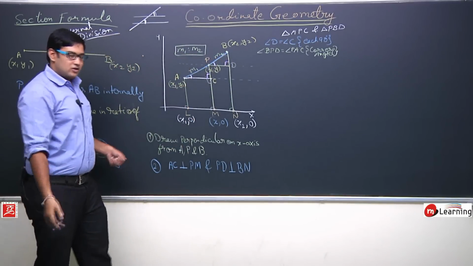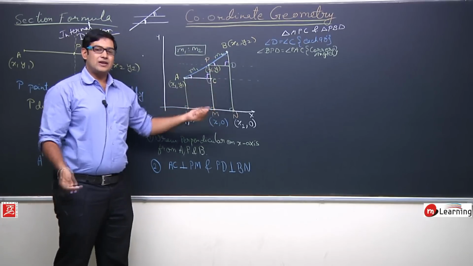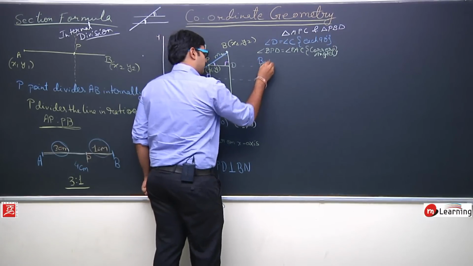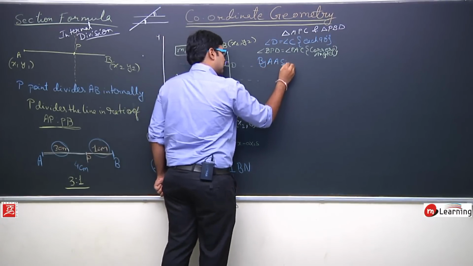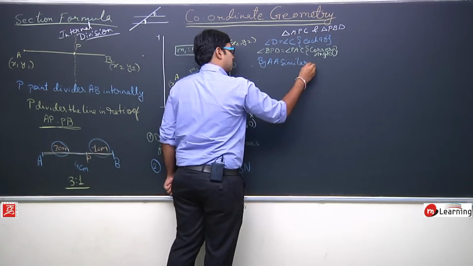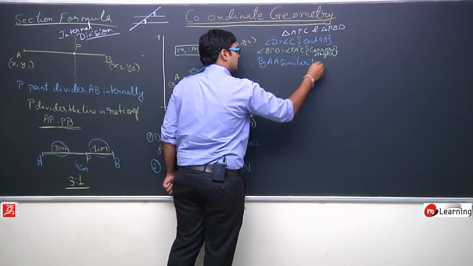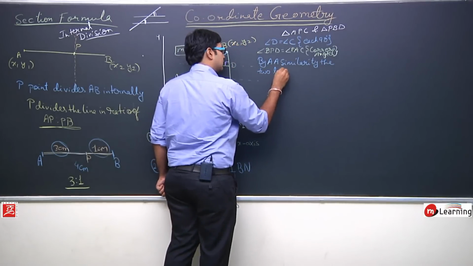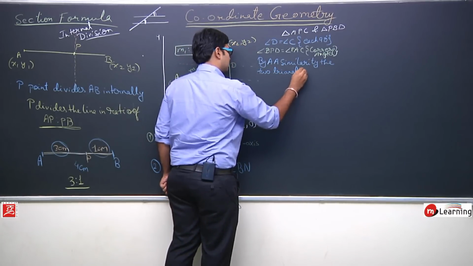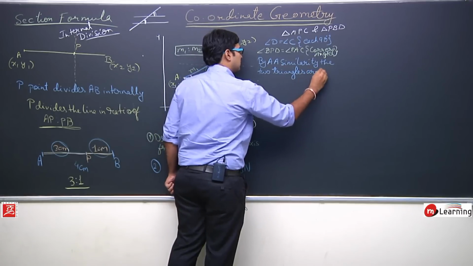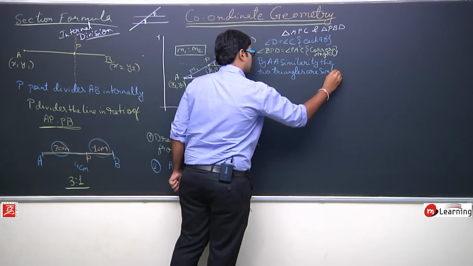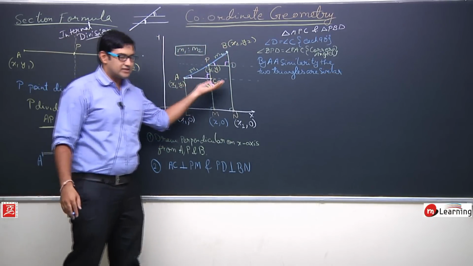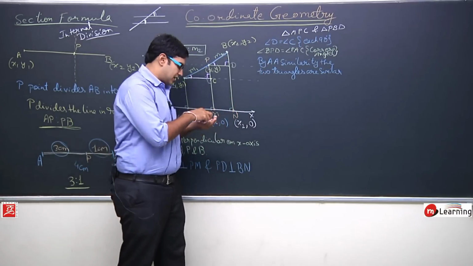Or if two angles are equal, then I can say that by AA similarity the two triangles are similar. Can I say that the two triangles are similar? Yes, the two triangles are similar by AA similarity.